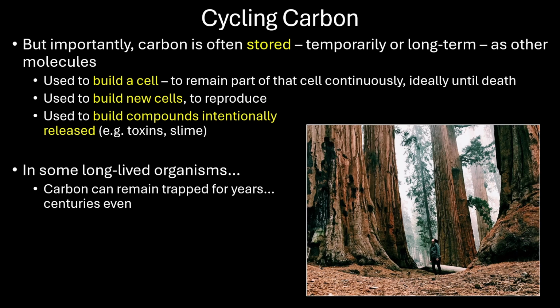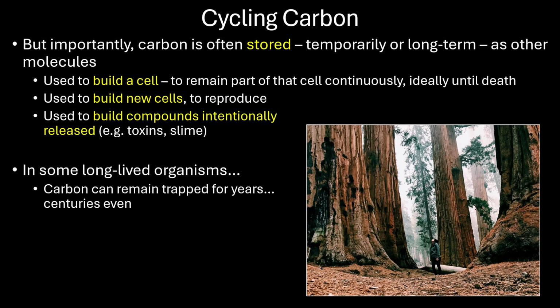They can use these resources not just as an energy source, but to build the material of a cell, to build new cells, to help the cell actually reproduce and make more of itself. And it can also be used to build compounds that are intentionally released, like, for example, specific toxins.